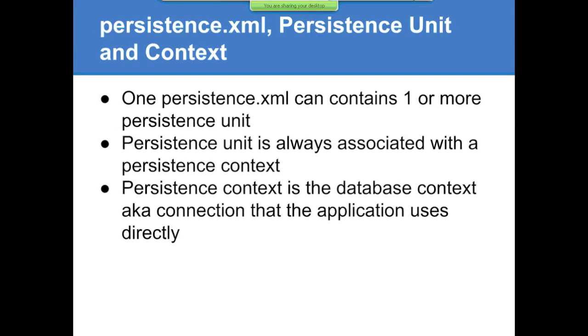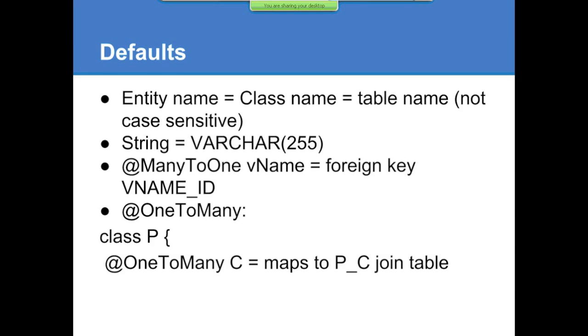Persistence.xml, persistence unit and context, I already explained verbally to you. Okay, there's this thing, defaults, also. If you are a Maven person, it's convention over configuration, right? So default is the same thing for JPA. If you do not annotate something, there is always some default.